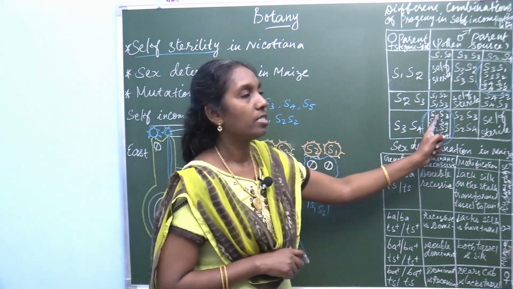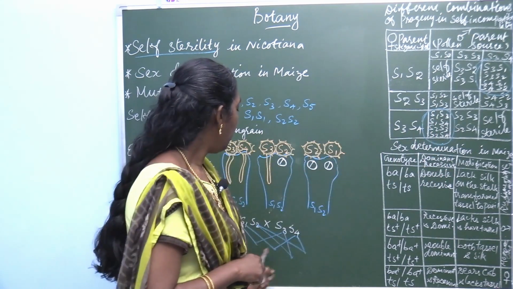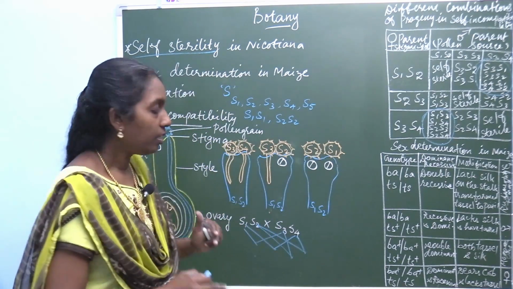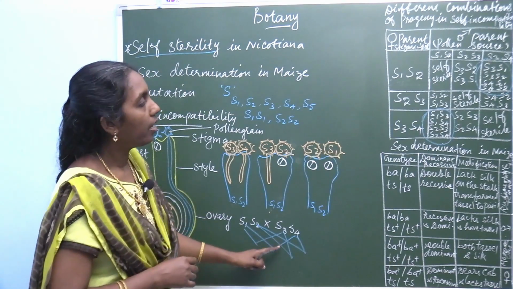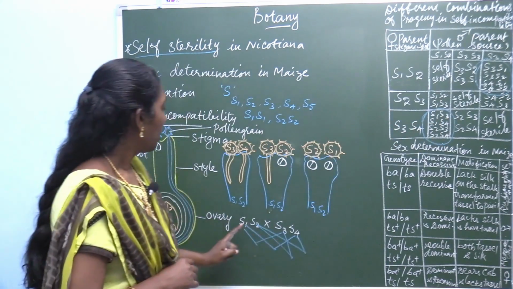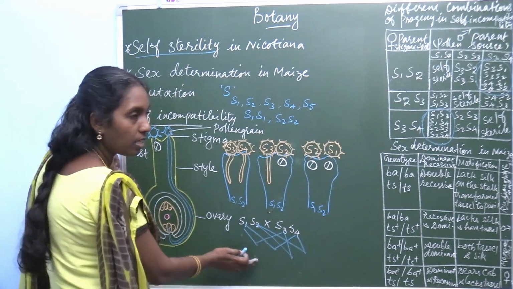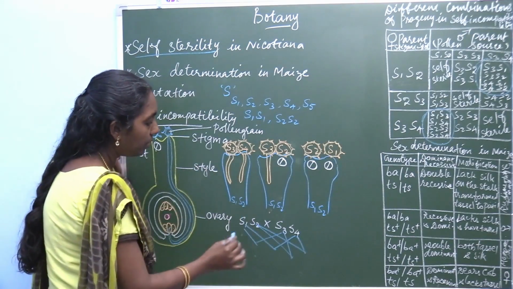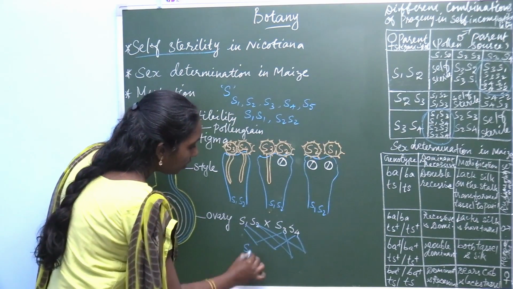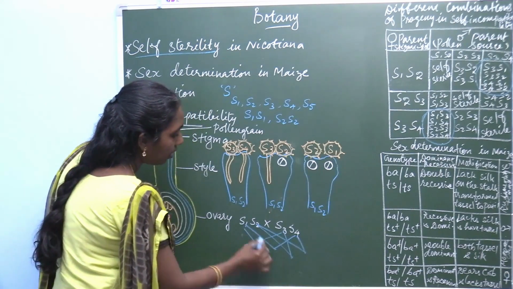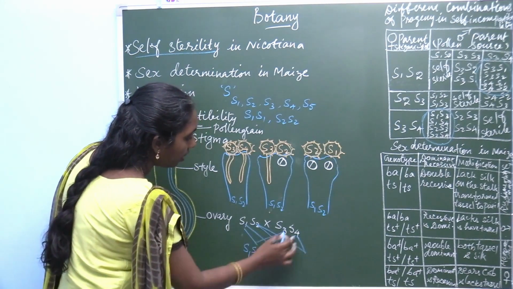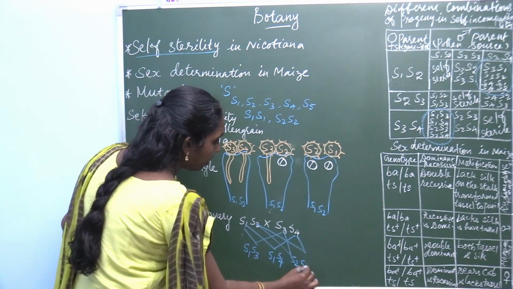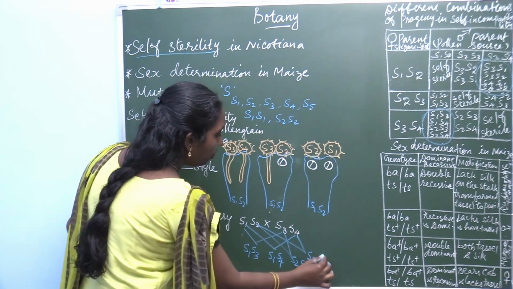The same is given in the form of a tablet column. What are the different forms? Hope that you understand very clearly. The S1, S3 and S1, S4. When you write it here, from the allelic forms, taking out the gametes, the possible gametes are S1, S3, S1, S4, S2, S3 and S2, S4.